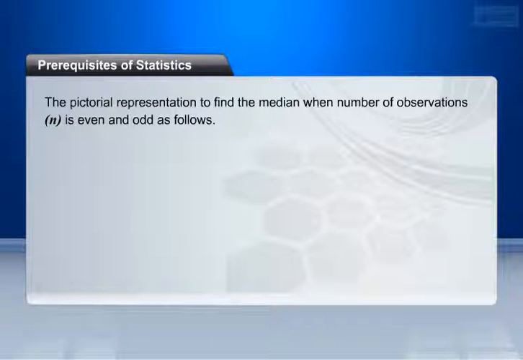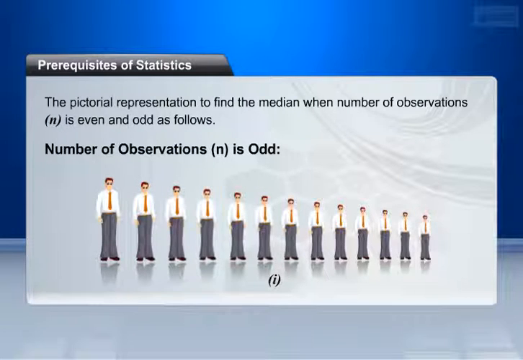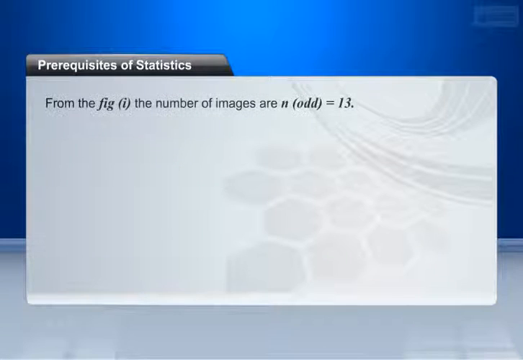Let's see the pictorial representation to find the median, when number of observations, n, is even and odd. When the number of observations, n, is odd. From the figure we observe that images are in descending order of heights. From the figure the total images are 13, that is, n equals 13.